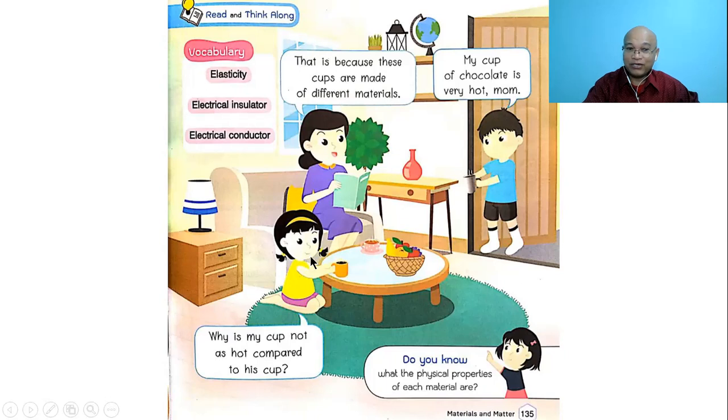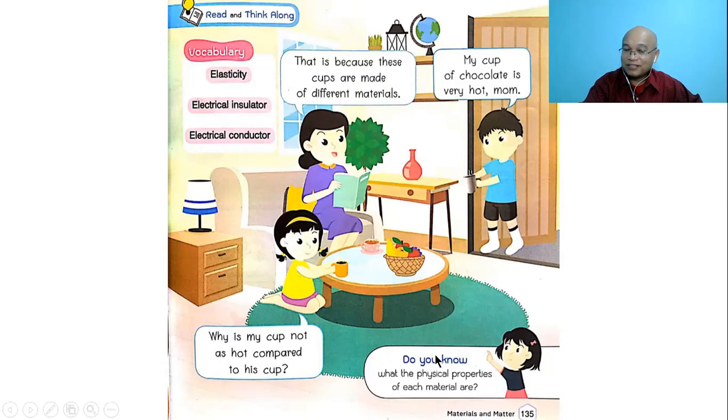But look at the girl. What is she saying? Why is my cup not as hot compared to his cup? Now we will know more about it, but in the previous lessons, we learned that her cup is not a conductor to heat nor of electricity.